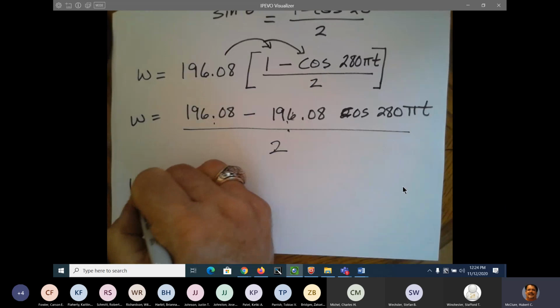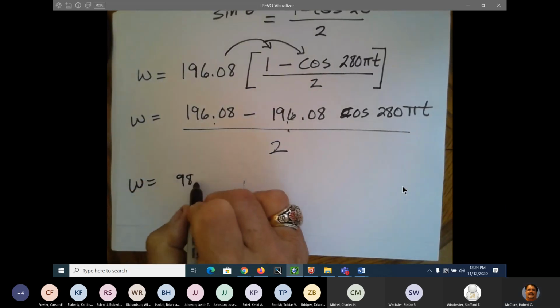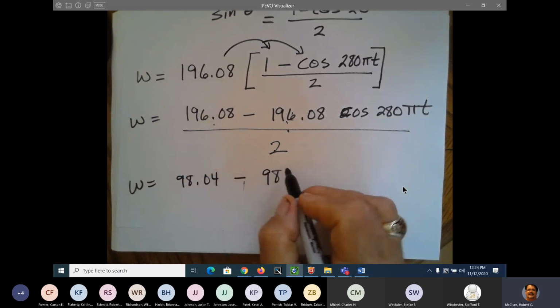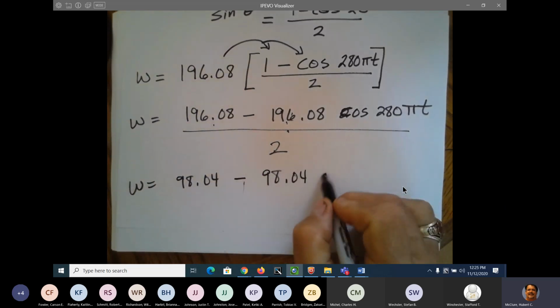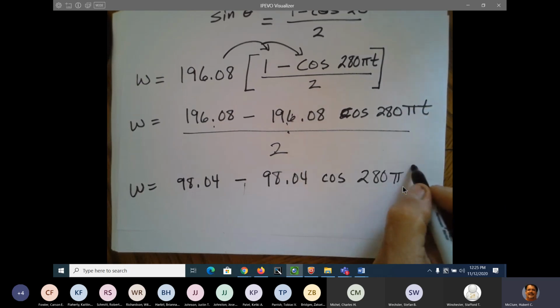So W is equal to 98.04 minus 98.04 cosine of 280 pi t.